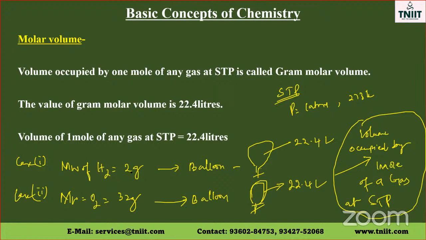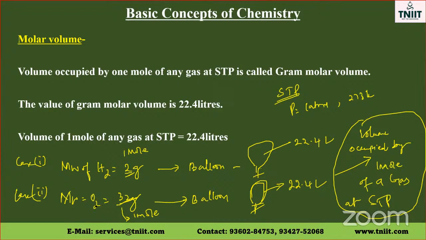So 2 grams of hydrogen is called 1 mole because 2 grams of hydrogen contains Avogadro's number of hydrogen molecules. Likewise, 32 grams of oxygen also contains Avogadro's number of oxygen molecules. So 32 grams of oxygen is called 1 mole.